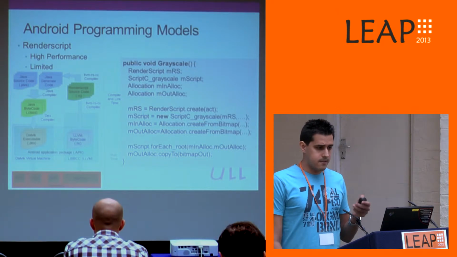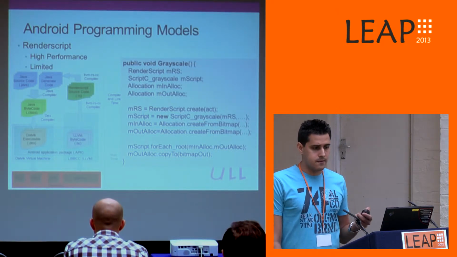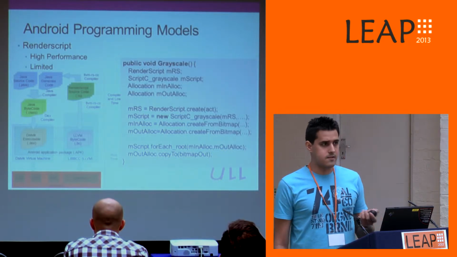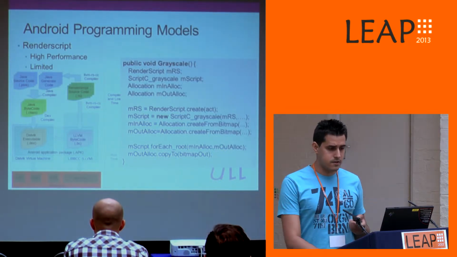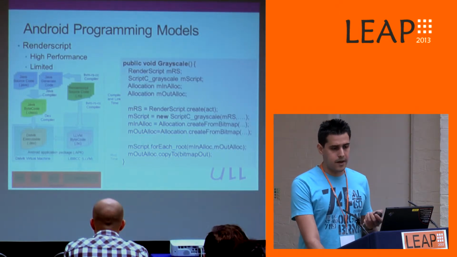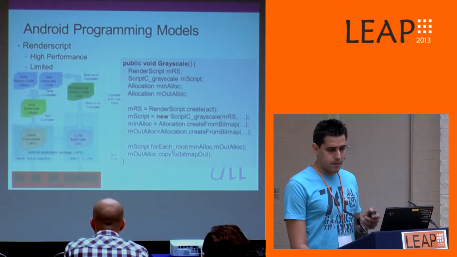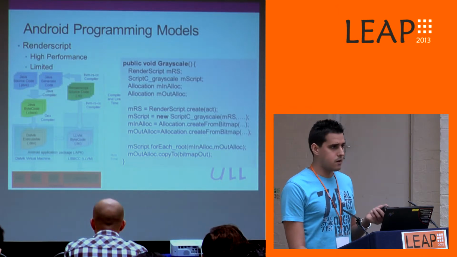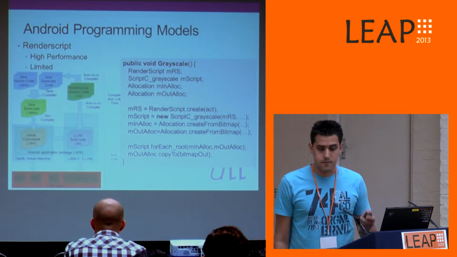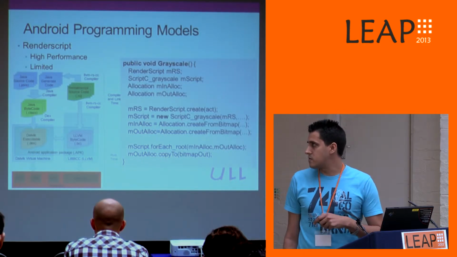Renderscript simplifies the implementation of efficient code, but the problem is that Renderscript is a new language and has a new parallel model. The programmer has to learn how it works. The implementation has two sections.